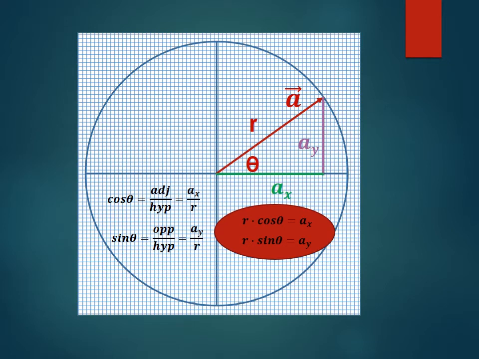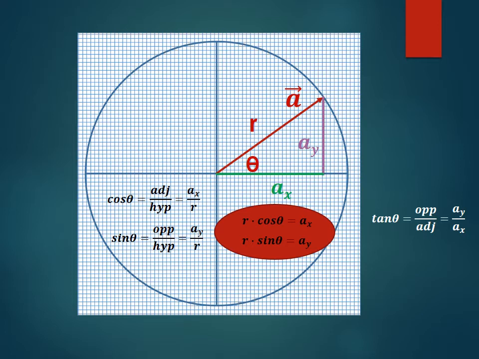So there's one other thing that you might need to find, okay? Say you had the two components, ay and ax. Well, I think you guys can probably know that you use the Pythagorean theorem to find the length r, because it's just a right triangle. But how would I find theta? Well, the one other ratio we haven't used is tangent.